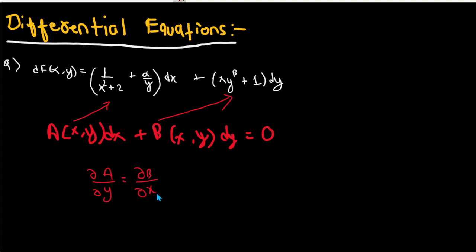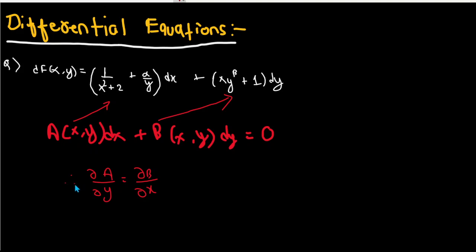It means we differentiate A, which is 1 by x squared plus 2 alpha by y, with respect to y, and B, which is x y raised to the power beta plus 1, with respect to x, and these two quantities are equal. If they are equal, the differential equation is exact. In this question it is given that this is an exact differential equation, so using this relation we can find the values of alpha and beta very easily. There are other methods also, but this is the simplest method I have ever encountered for this question.